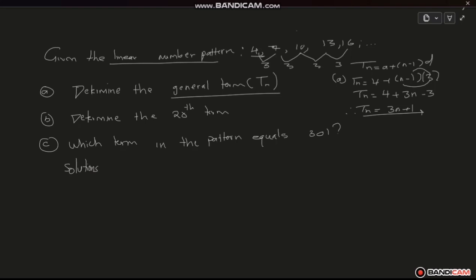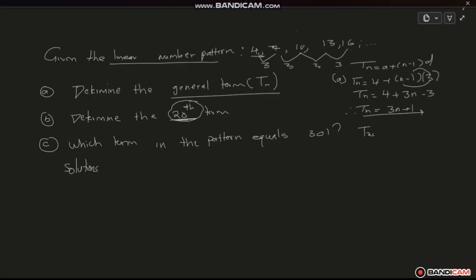This is A. Then let's look at B. They say determine the 20th term. So that "th" tells us about what? The position. Meaning that we must find the term that is in position 20. I hope you understand that. Then you will need your general term.